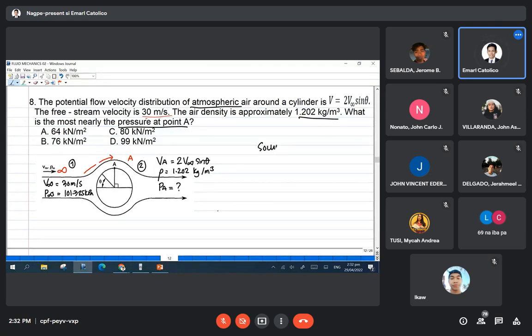Okay. Solution. So first thing na gagawin natin, solve muna natin tong velocity at A since in terms of equation siya. So velocity at A is equals to 2 V of infinity sine theta. Yung theta natin at exit, no? Theta natin at exit is 90 degrees.